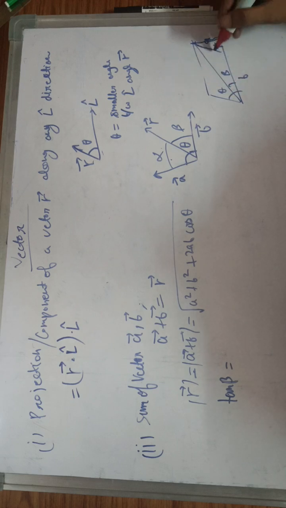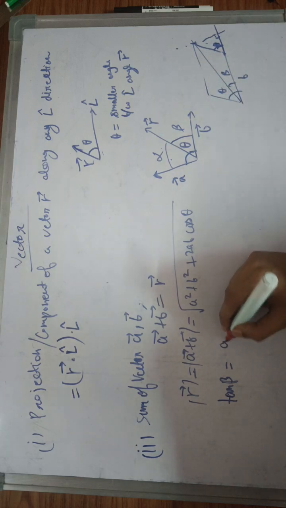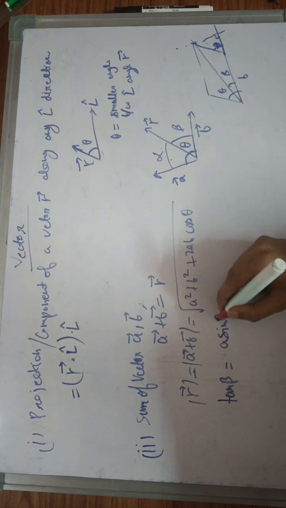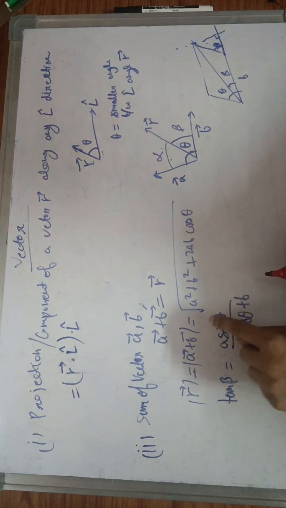This theta angle will be again theta here. I will extend this line B, and this will become 90 degrees. Now the perpendicular upon base will be tan beta. This is simply A sin theta upon A cos theta plus B. This is a way to remember: sine upon cos. This is the order.